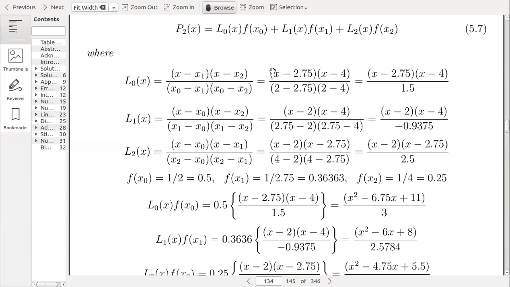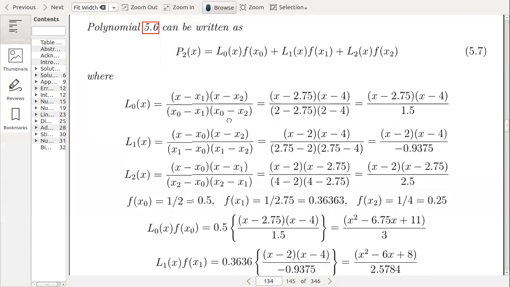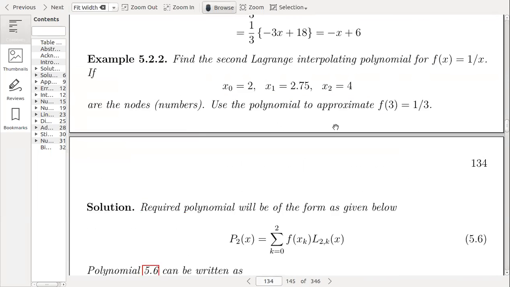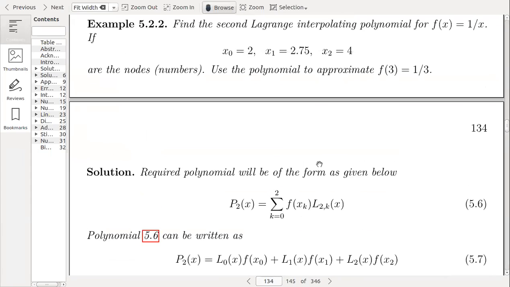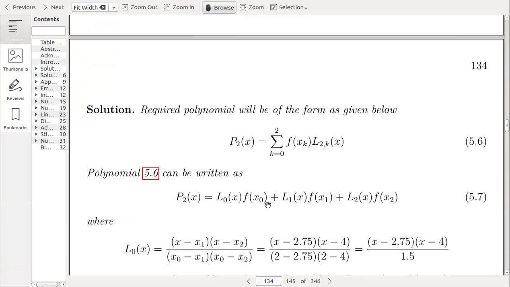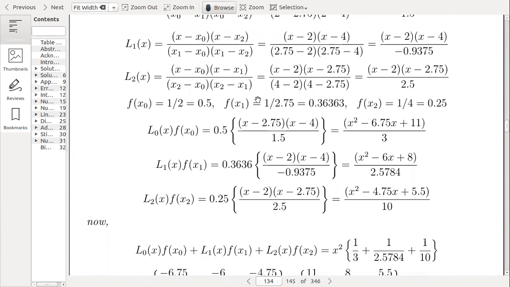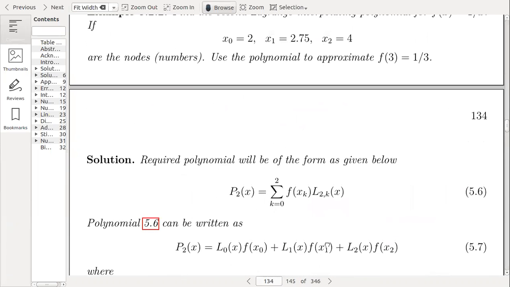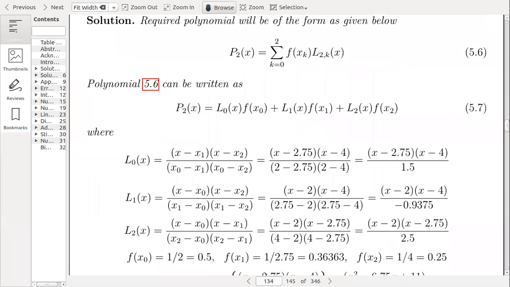Now we replace these factors in this polynomial. Before this, we can compute f of x0, f of x1, f of x2. So here f of x0 is equal to 1 by 2, 0.5. f of x1: what is x1? x1 is 2.75.